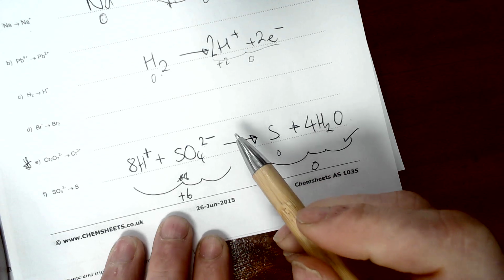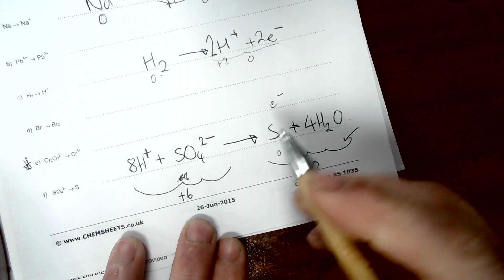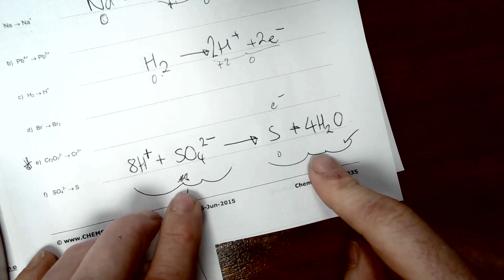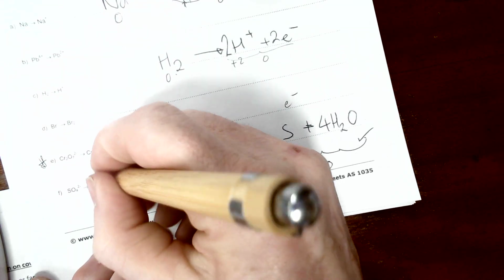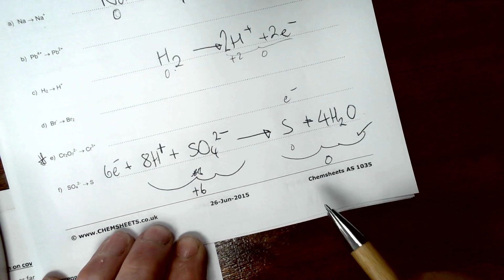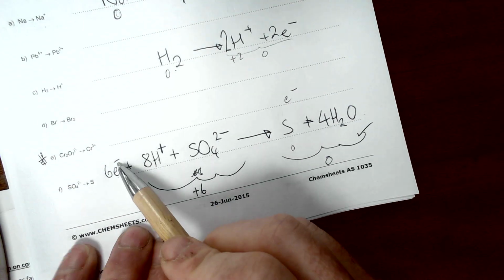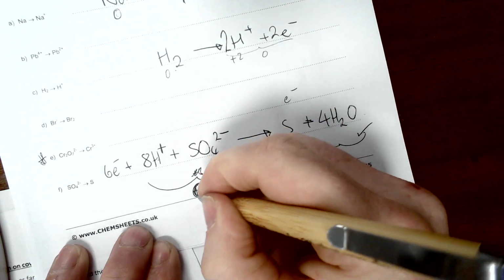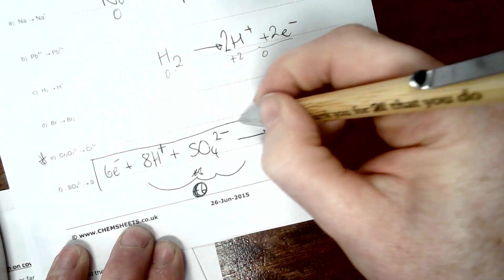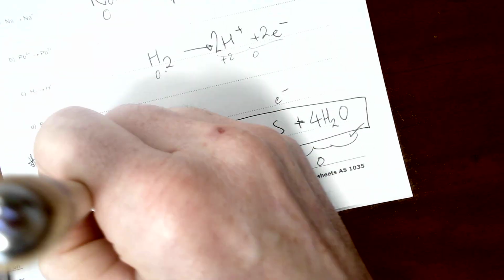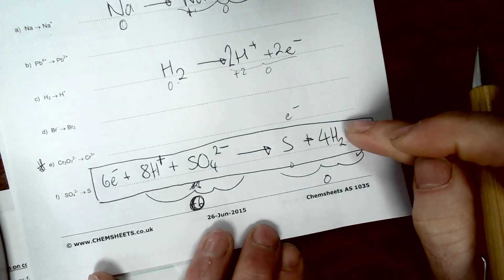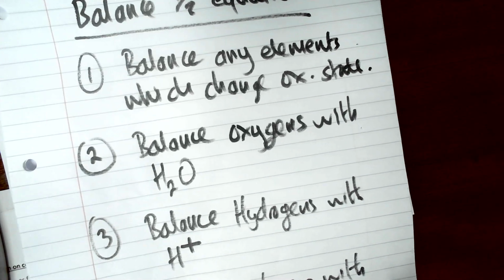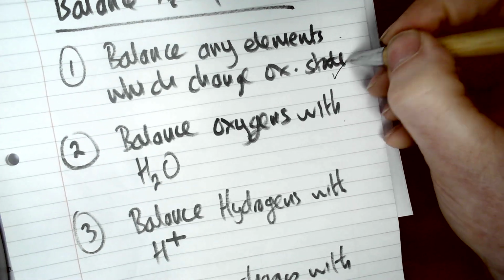I've got to throw some electrons at this, some e minuses, to get these sides to be equal and balanced. All right. I'm going to put 6 e minus on this side. Now I've got 6 minus, 8 minus overall against 8 plus, so this side is now 0. This is a balanced half equation in this new A-level style where I have used these rules. Balance any elements which change oxidation state. I did that first, they were already balanced.